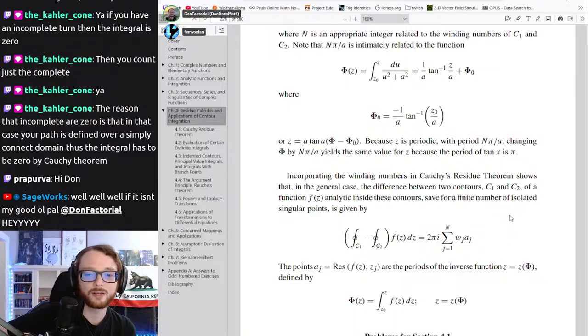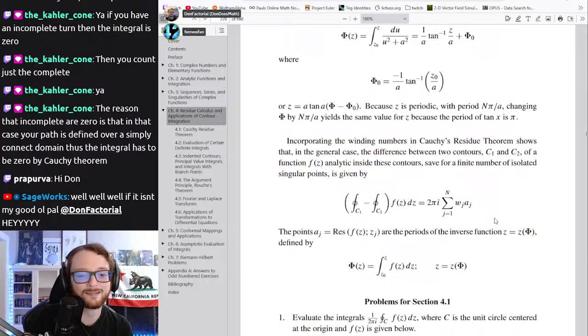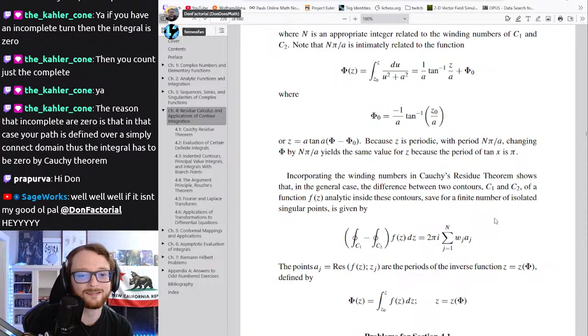Yeah, I'm trying to understand it now, and no, I still don't know what they're trying to get either. Yeah, they're saying something's periodic. And they're still talking about a, so it must be related to the same example.